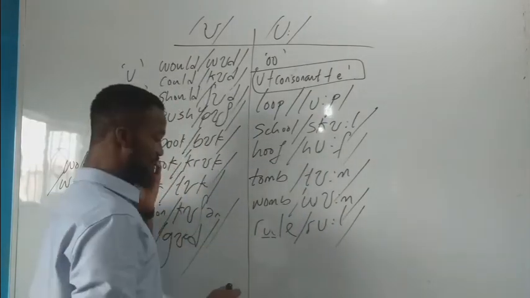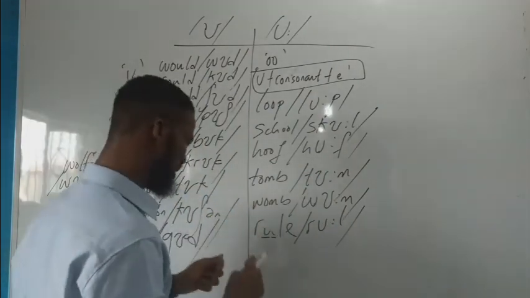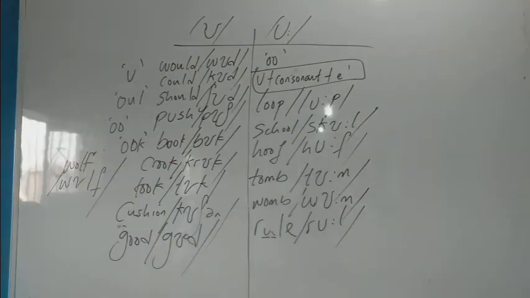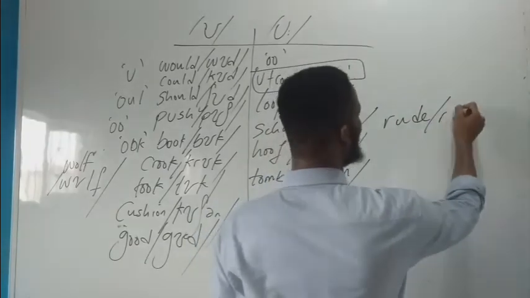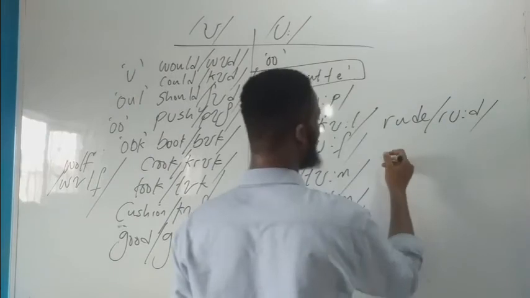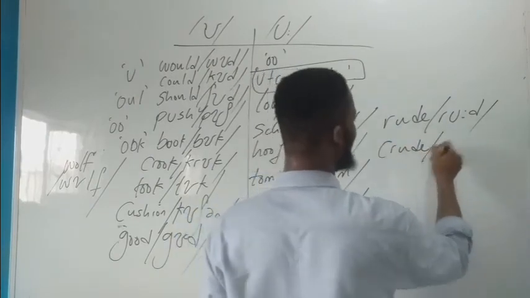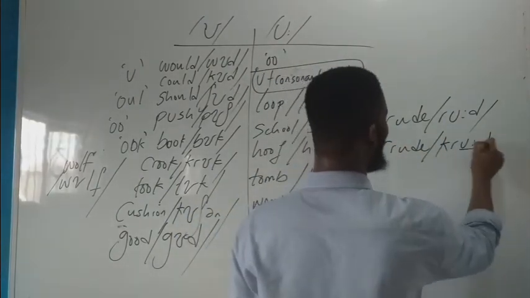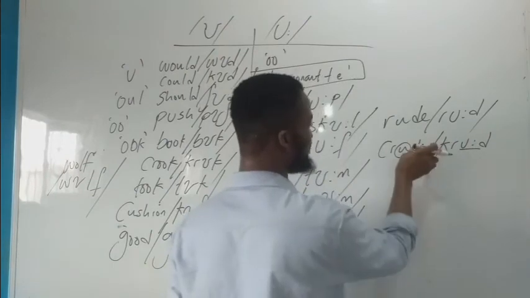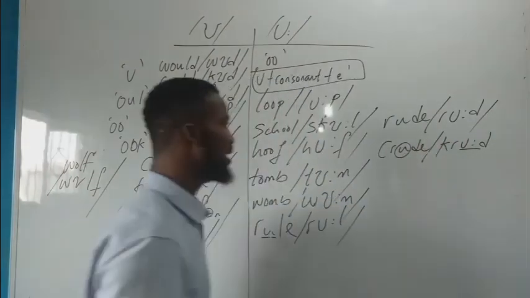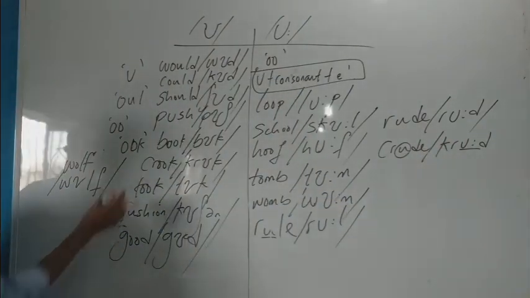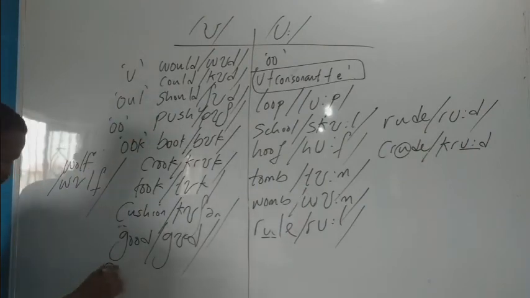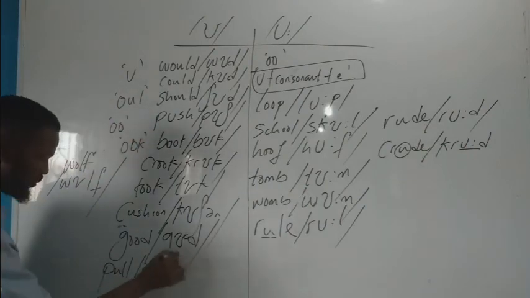R-U-D-E is rude. It's long, not just because of the E, but because there is a consonant and there is another E. Ordinary U is supposed to give us short, things like P-U-L-L is supposed to give us pull.